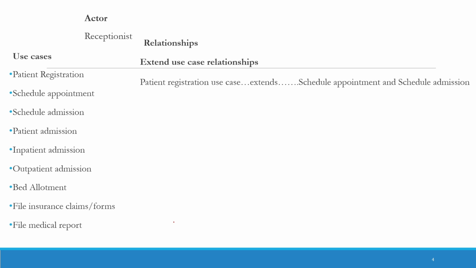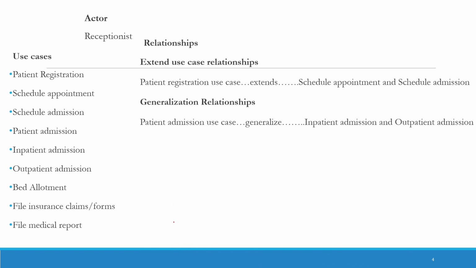The other type is the generalization relationship. The patient admission use case is a parent for inpatient admission and outpatient admission. That means outpatient admission and inpatient admission are specializations of patient admission, that is, children of patient admission. So the second type of relationship is the generalization relationship.